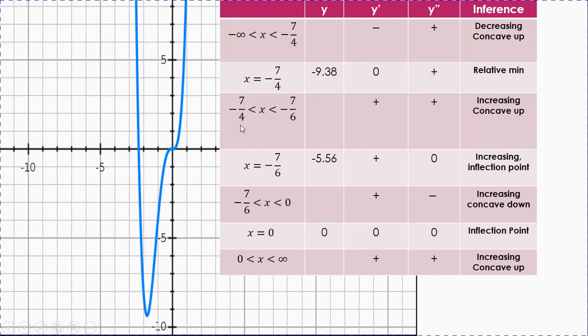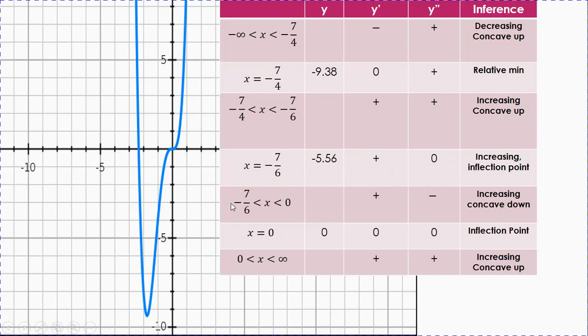If we choose any x between negative 7 over 4 and negative 7 over 6, our first derivative would be a positive number, the second derivative also positive number. At x equals negative 7 over 6, f of x is negative 5.56, and first derivative is positive, second derivative is going to be 0.